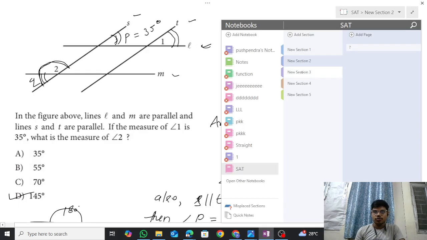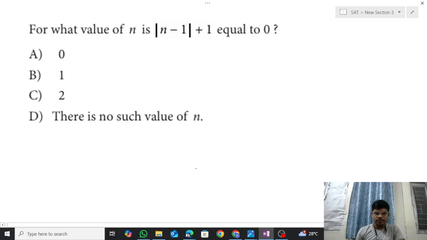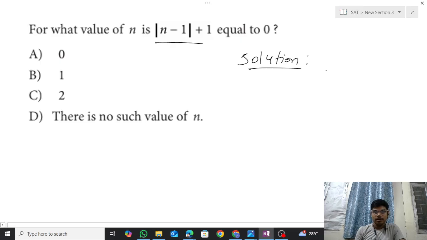Okay, let's move to question number 3. Here the question is very important and very easy, and it is from modulus. There is a modulus of n minus 1. How will we solve this? Modulus of n minus 1 plus 1 is equal to 0, and I need to find the value of n.